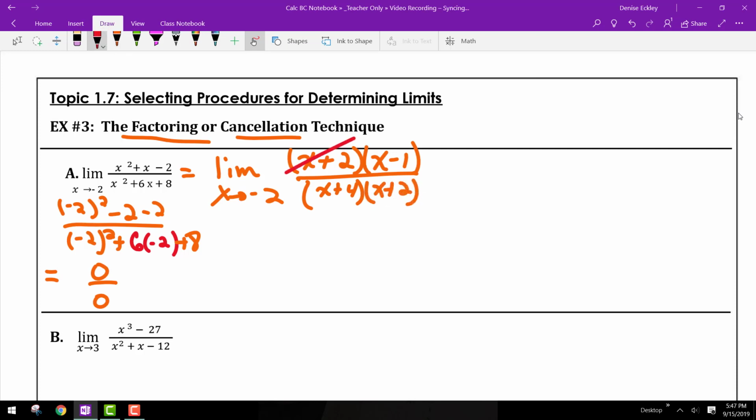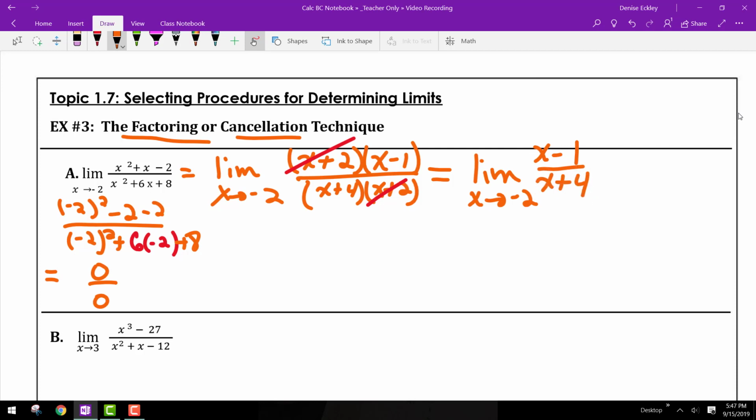So the x plus 2's cancel. And that helps me because if I were approaching -2 before I canceled it, that's why I get the undefined form. So simplifying, I get the limit as x approaches -2 of (x minus 1) over (x plus 4).